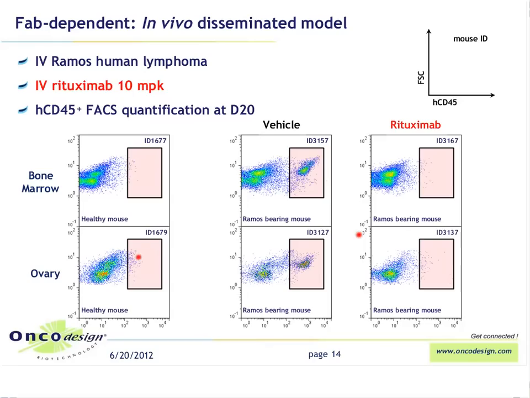Other organs could also be used for such an analysis, like the mouse ovary, which gives the same feature, with significant presence of these Ramos cells in the vehicle-treated group, and a very nice decrease of tumor cells in the ovary of the rituximab-treated animals.